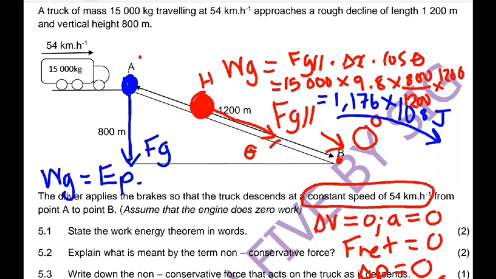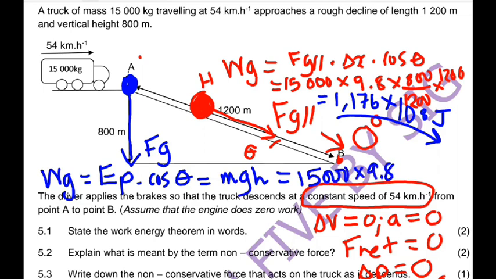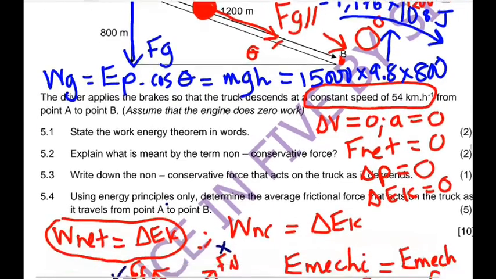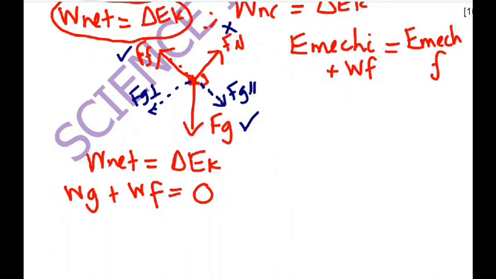Or we can say this is EP times the cos of theta. Again, the theta will be 0. So this cos of 0 makes this whole equation become 1. Cos of 0 is 1. What is EP? It's mgh. What is mgh? It's the 15,000 times 9.8 times 800. It will give me the same answer, 1.176 times 10 to the power 8 joules of energy. So now I know what the work done by gravity is.